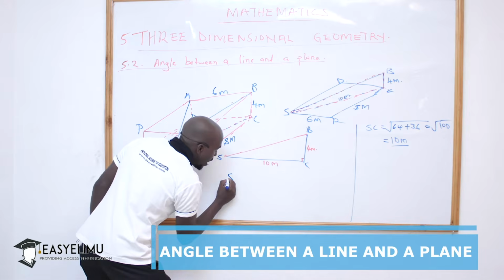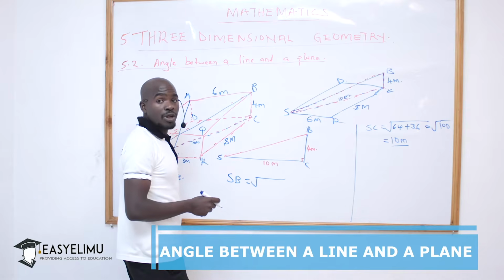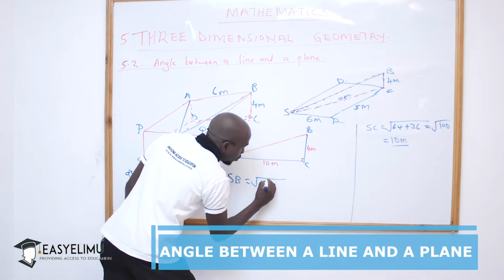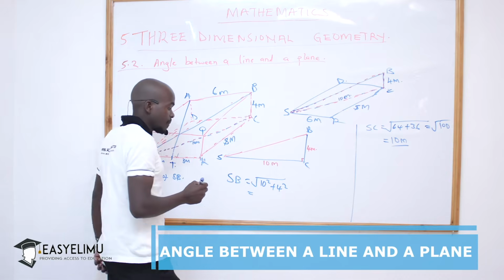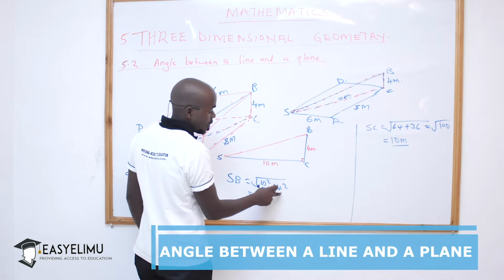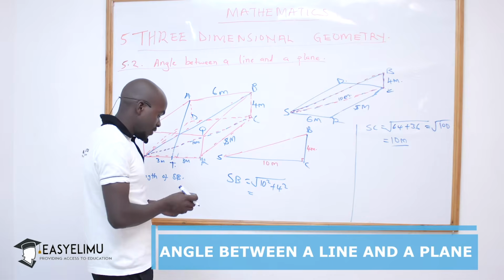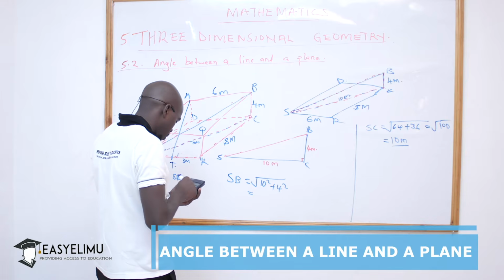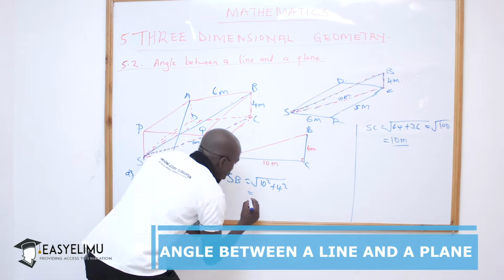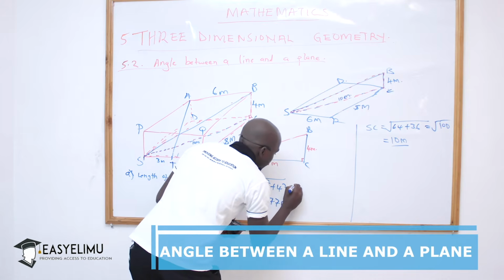So SB is equivalent to the square root of, according to Pythagoras theorem, 10 squared plus 4 squared, which is 16 plus 100, you get 116. So let's see what it should give us. We are going to get 10.77 meters.